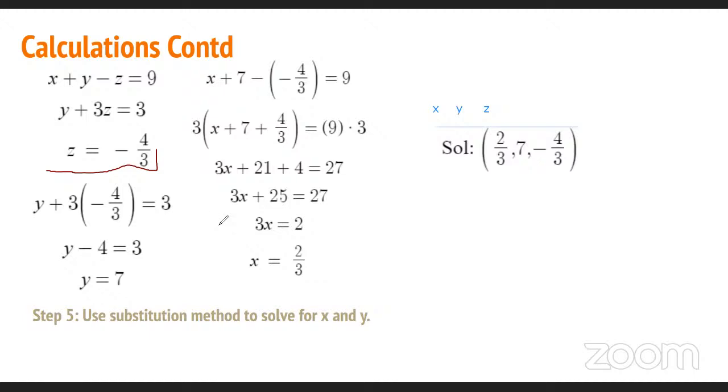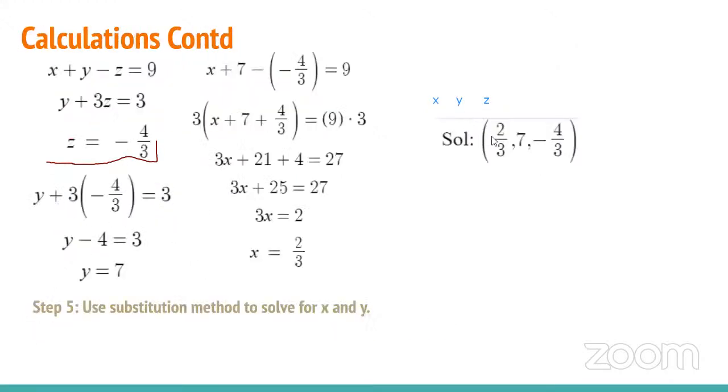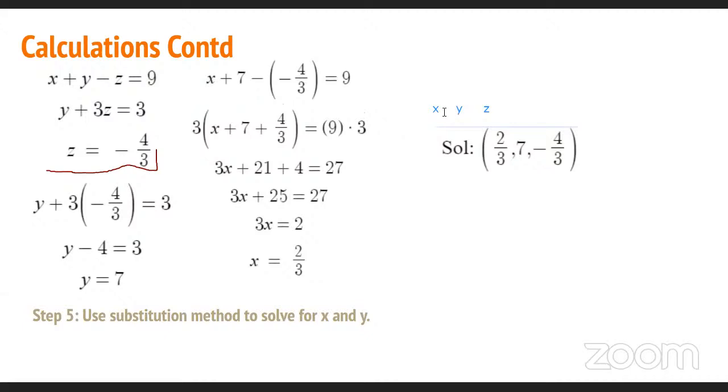So this will be our final solution to the problem that we just solved: x will be 2 over 3, y will be 7, and z will be minus 4 over 3. Is that understood? I'll move on to the next one now.